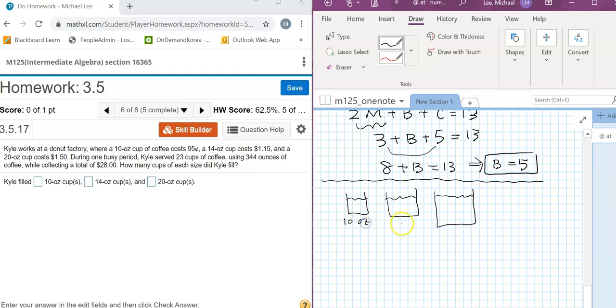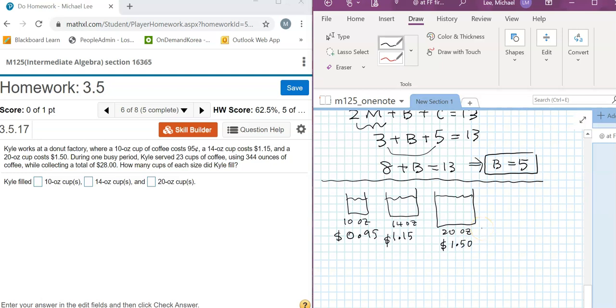This is 14 ounce, right? This is 20 ounce, right? This one sells for 95 cents, 0.95. This one says $1.15. And the biggest one sells for $1.50. That's the story here, isn't it?